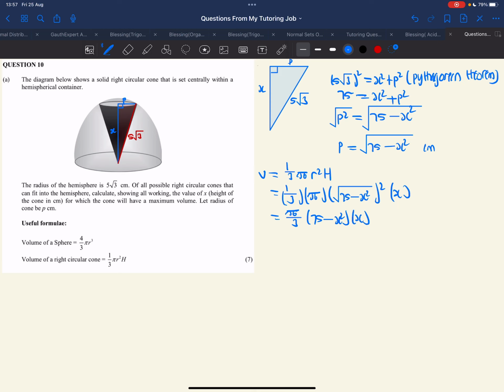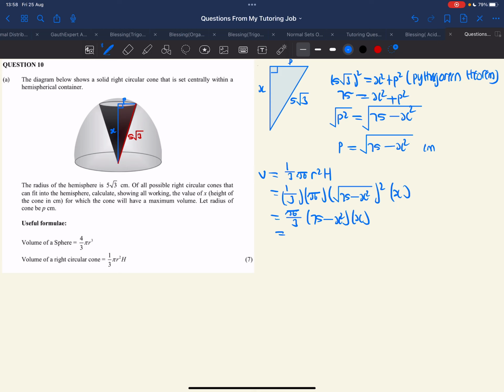Now what we're gonna have to do is multiply the pi over 3 and the x inside the bracket. If you do that, you're gonna get 1 over 3 times 75, which is 25.